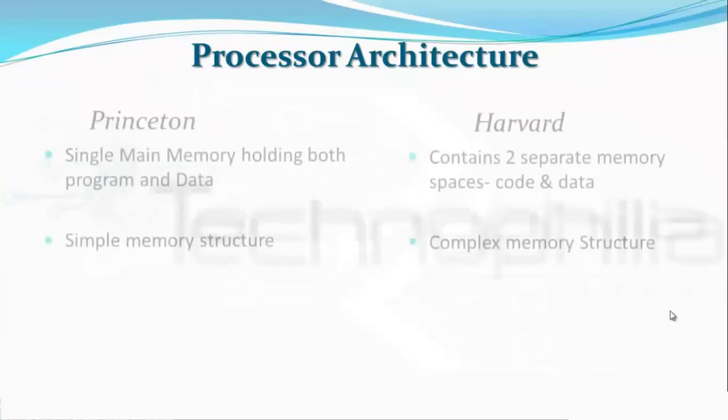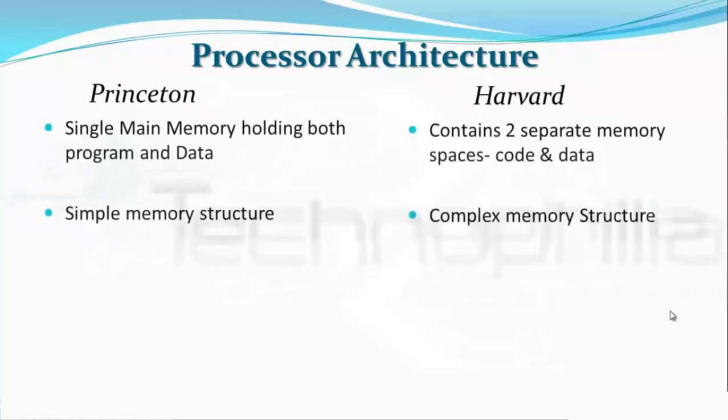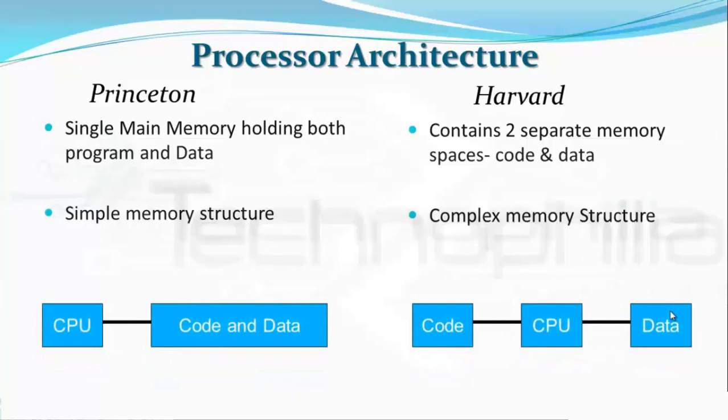Now we will briefly discuss different processor architectures. Princeton architecture is also known as von Neumann architecture. The basic difference between Princeton and Harvard architecture is based on the memory used for storing data and instructions. Princeton architecture uses a single or shared memory, that's why its memory structure and access method is simple, whereas Harvard architecture uses two separate or independent memories, that's why its memory structure and access method is complex.